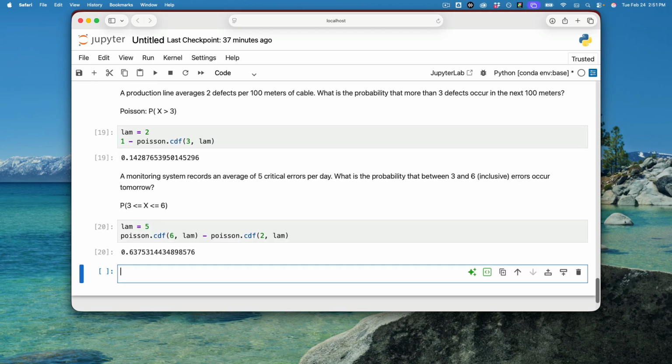This makes sense because I want to count 3 as part of my probability. If I put CDF 3 here, it's going to take out 3 with it. I don't want it. I want it to take out 2. So in other words, this is equal to the probability of Poisson at 3 plus 4 plus 5 plus 6. That's the cumulative.